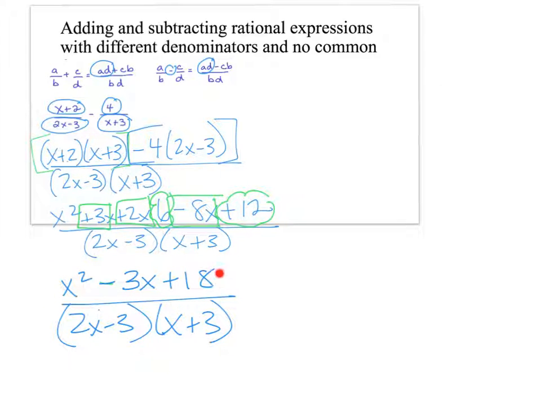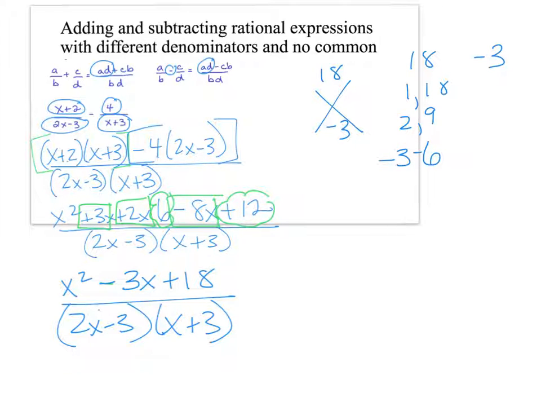So x squared minus 3x plus 18. I like to use the factoring by grouping method. So a times c gives me positive 18, and I'm looking for negative 3. So two numbers that, when multiplied together, give me 18, and when added together give me negative 3. So 1 and 18, 2 and 9, 3 and 6.